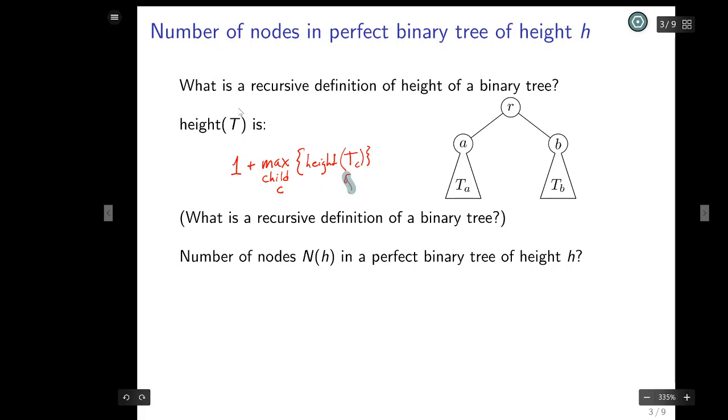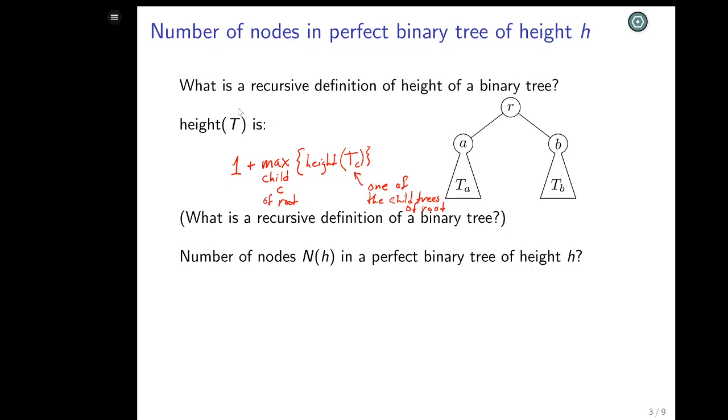And this, whoops. This is one of the trees, one of the child trees of the root. So this is the child's. Does it make sense?